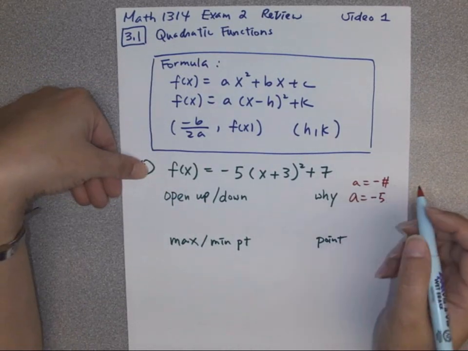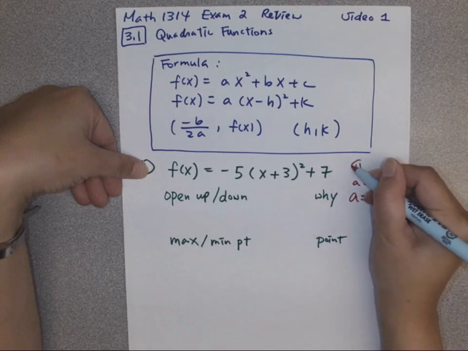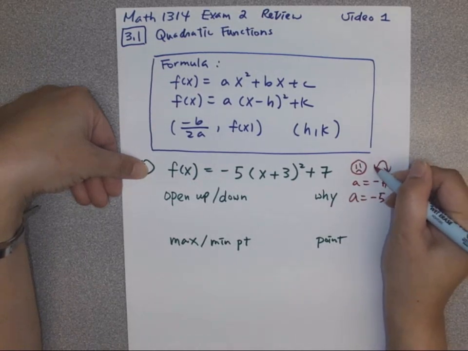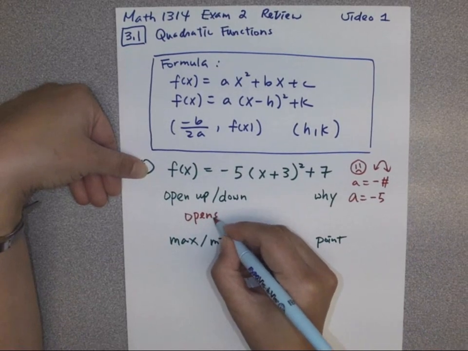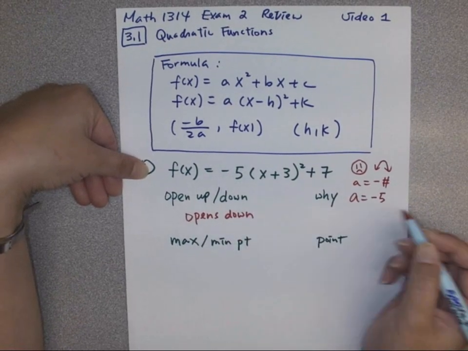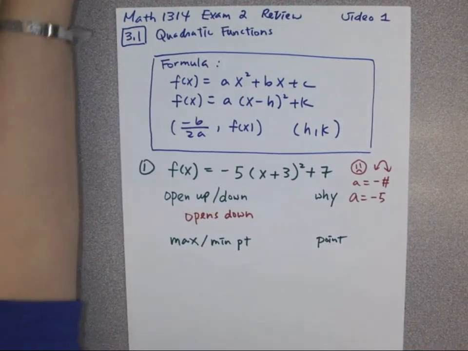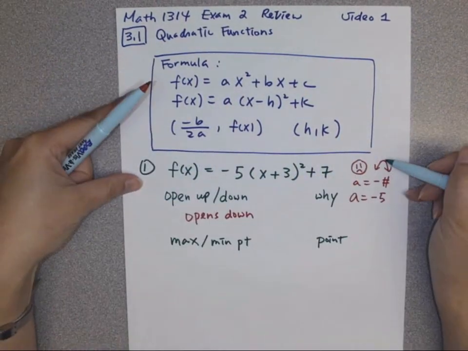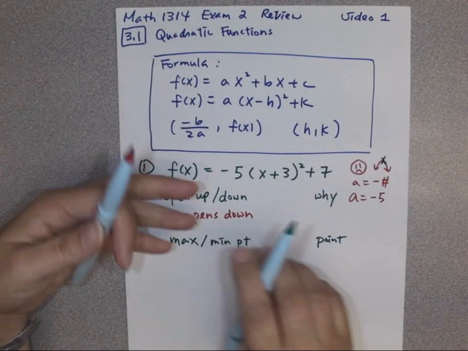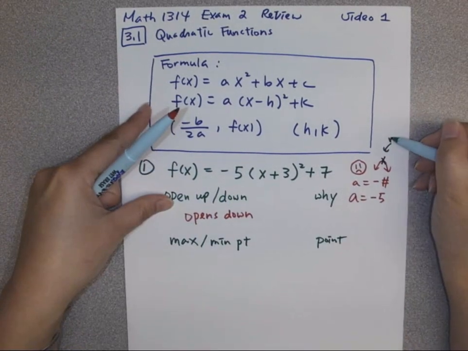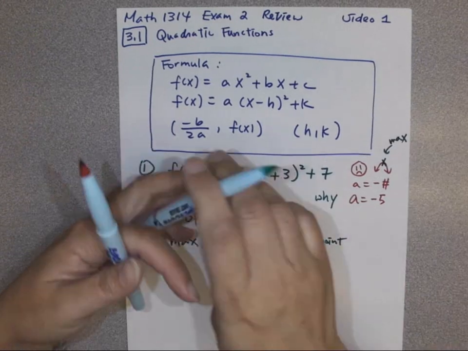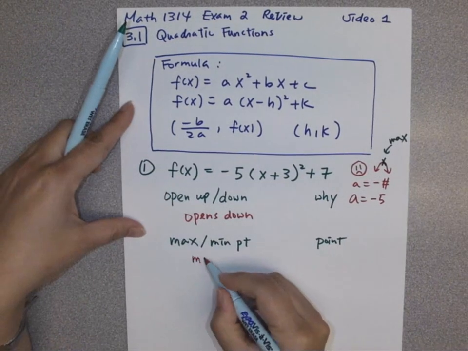Because of that, we know negative people are usually upset. So you have an open down parabola like that. And when you have an open down parabola, this will end up as the highest point of the graph. So this is your maximum, so we will have a maximum point.